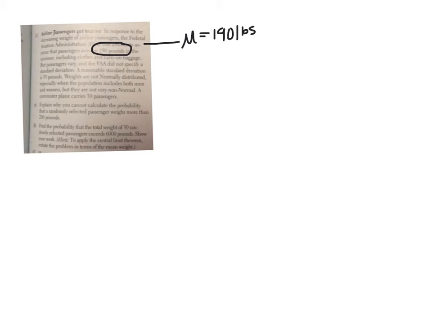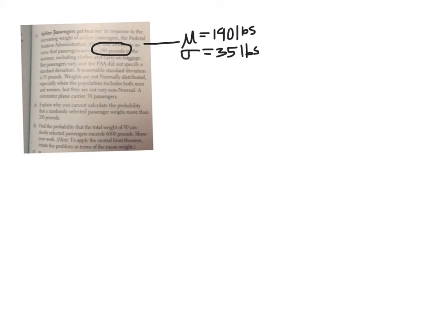A reasonable standard deviation is 35 pounds, so that's kind of what we're working with here, assuming that these are the mean and the standard deviations for the entire population. Weights are not normally distributed, especially when the population includes both men and women, but they are not very non-normal. A commuter plane carries 30 passengers.